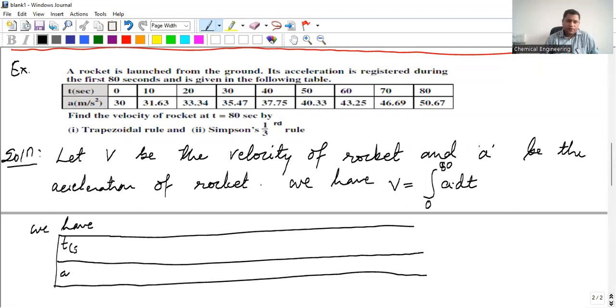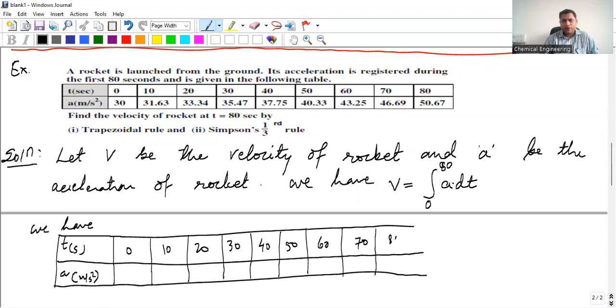So we have t as 0, 10, 20, 30, 40, 50, 60, 70, and 80.